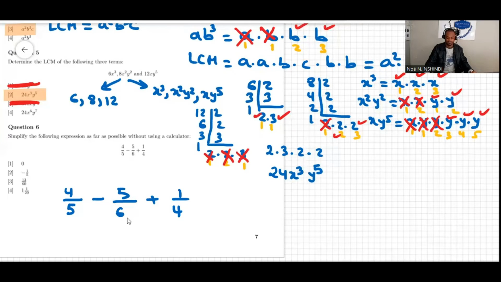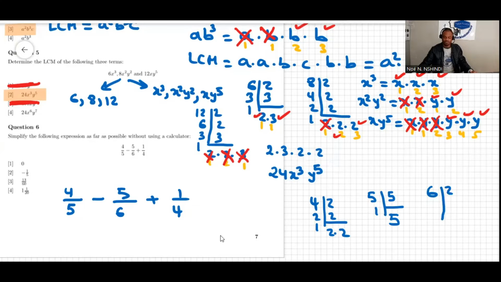To find the LCM, I divide by 2 for 4: it's 2 by 2, 2, 1. It's 2 times 2. And 5 is already a prime number, so dividing by 5 you get 1, and it's just 5. And with 6, it's going to be 2, 3, and by 2, by 3, it's 1, so it's going to be 2 times 3.